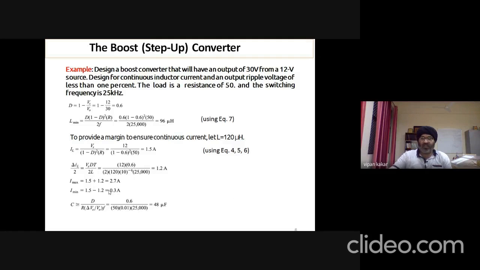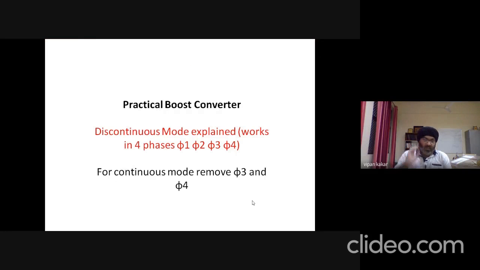Just by selecting the actual or required values of these parameters, we can decide whether this boost converter is running in continuous or in discontinuous conduction mode. So mathematically, just by selecting these values, you can decide. But first we did qualitative analysis, just by looking at the circuit, using electrical theory experience.